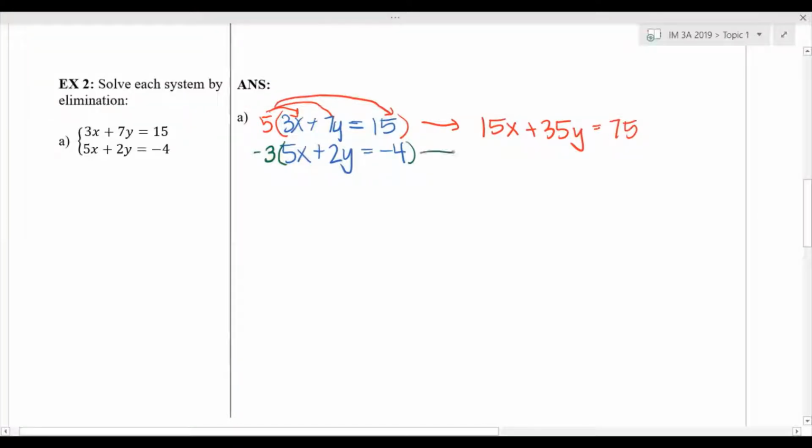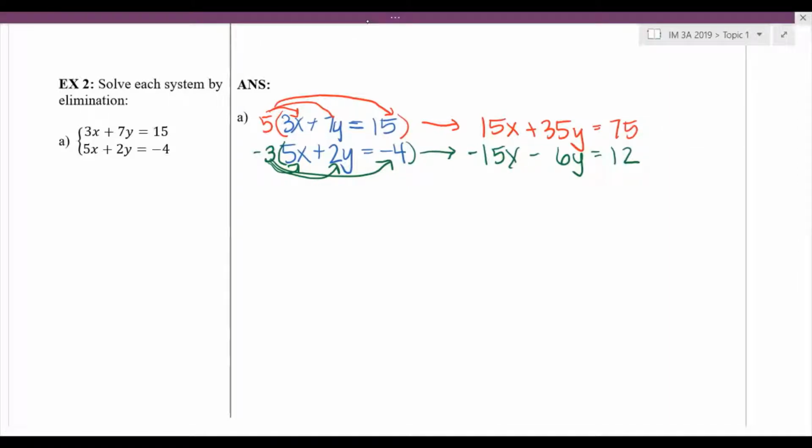Then we want to multiply that -3 by 5x, which is going to give us our additive inverse. And then -3 times 2y is going to give us -6y. And then -3 times -4 is going to equal 12. Okay. So our second equation is now -15x minus 6y equals 12.